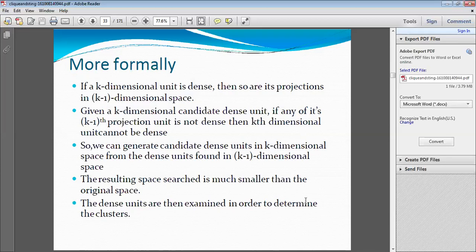We can simplify it as: if a data set is dense in the kth dimension, then it should also be dense in the (k-1)th projection dimension.